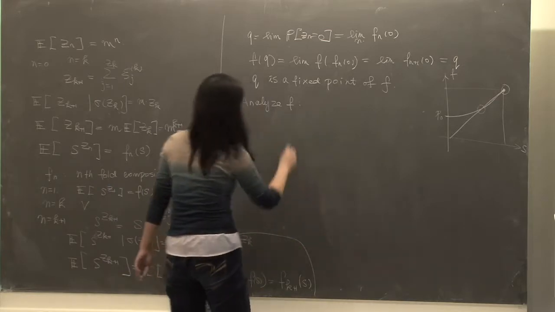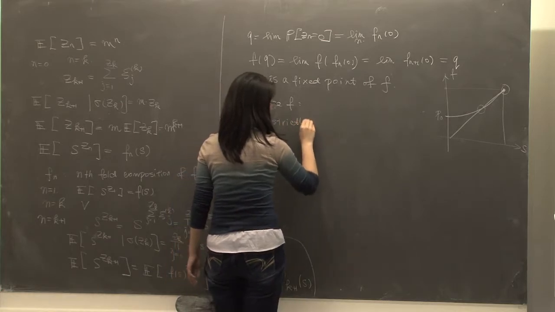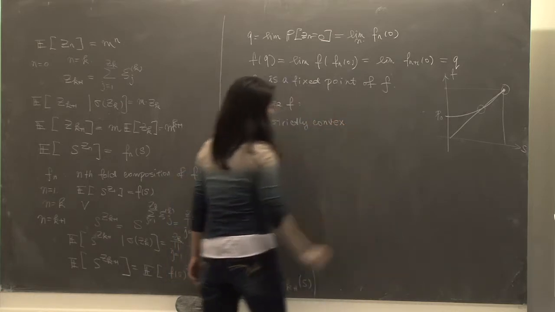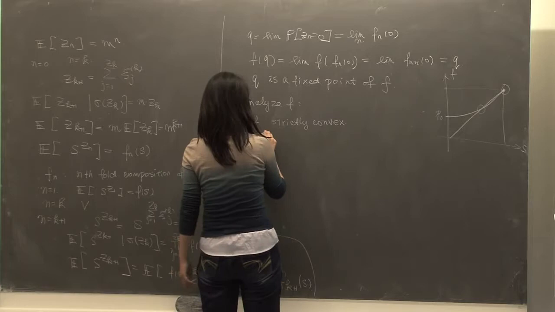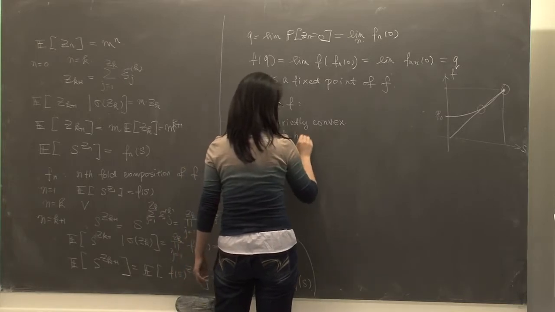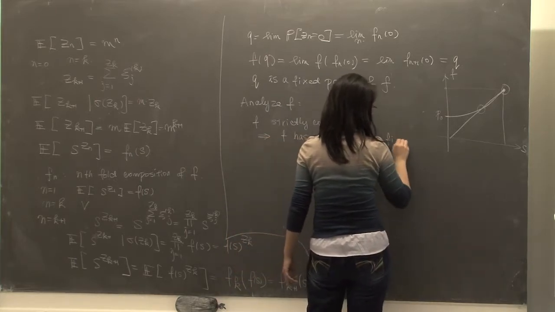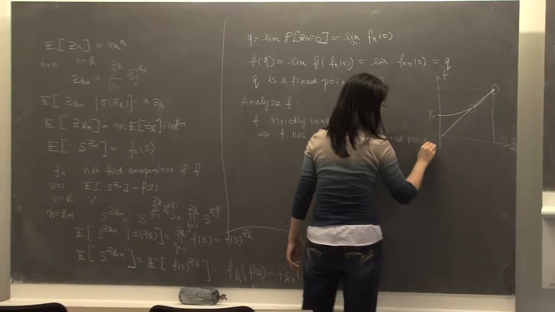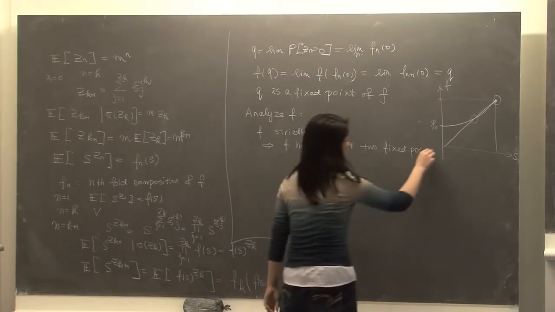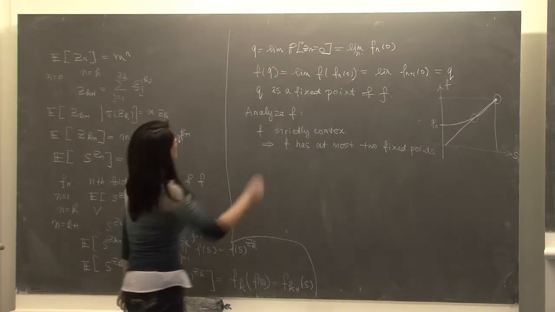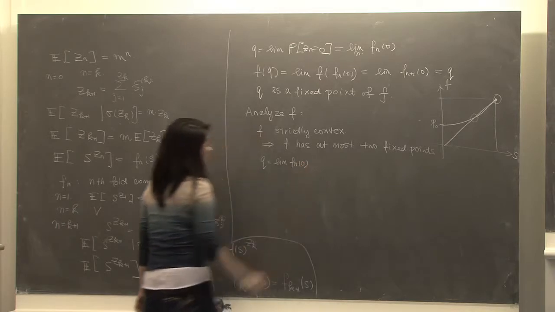Okay, first, because we know that F is strictly convex, this tells us F has at most 2 fixed points. And then we know that q is the limit of F_n(0).